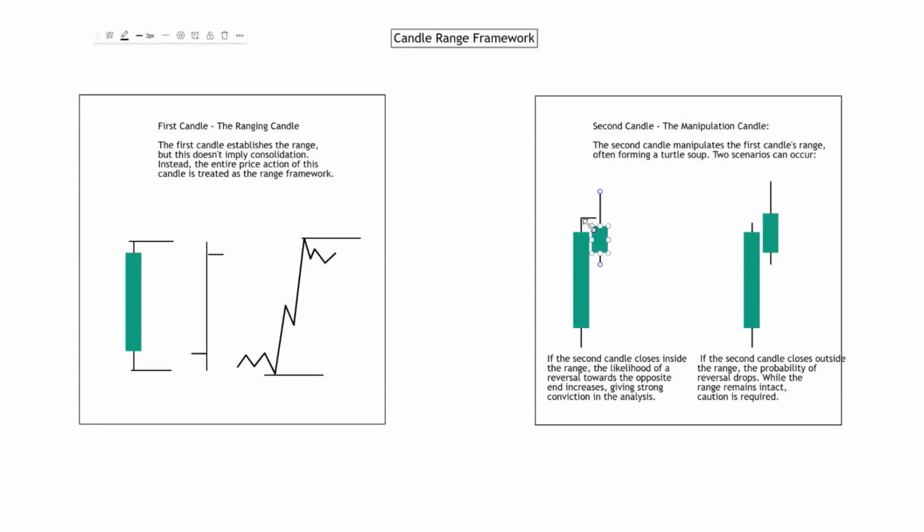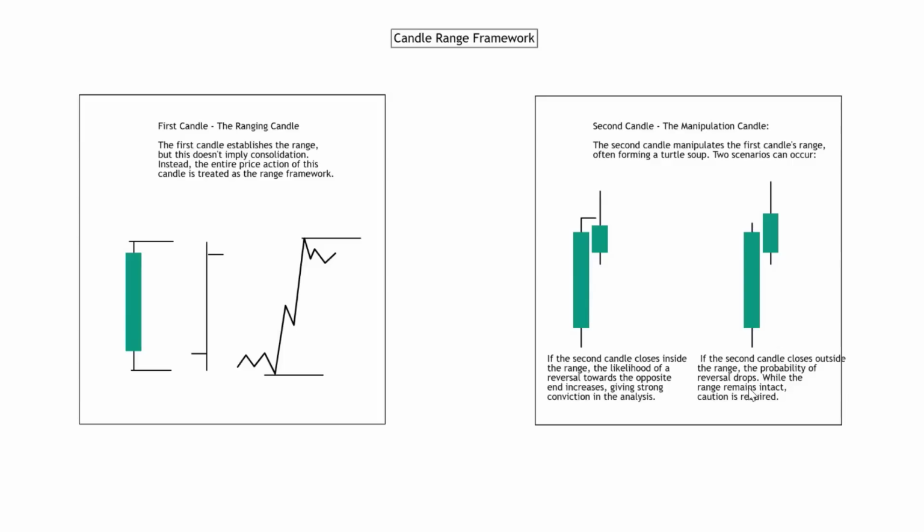It moved back inside the range and closed inside this particular range. Now, when this happens, it means that it has high probability of playing out, okay? It means that the probability of us getting a continuation to the downside has now increased, because this is our expectation. Since price was able to sweep the liquidity above this high, closing back inside the range, it means that the probability of price continuing to the downside has now increased, okay?